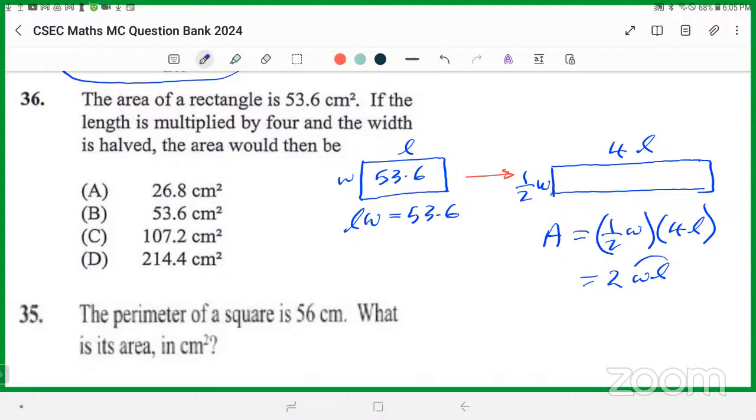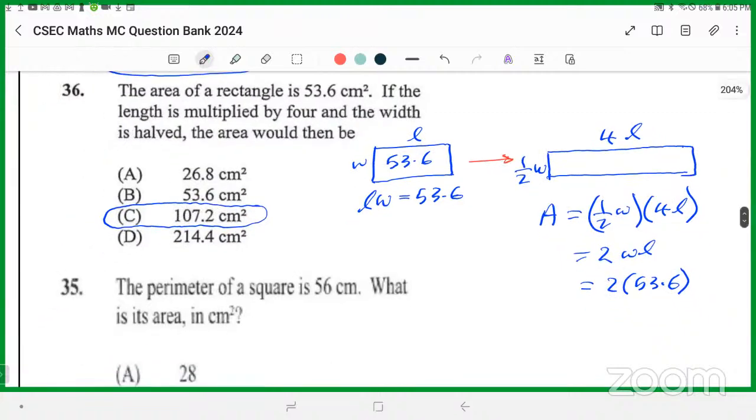Remember, WL is 53.6. So this becomes 2 times 53.6. That is the answer, the new area. All right, that's how that question can be done.